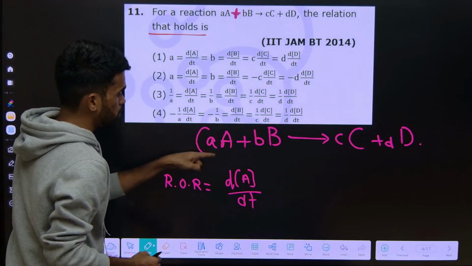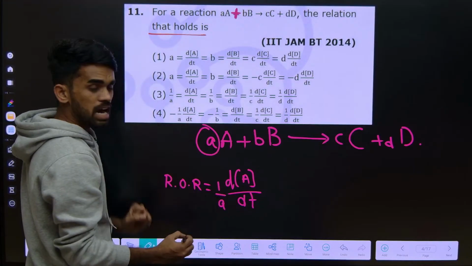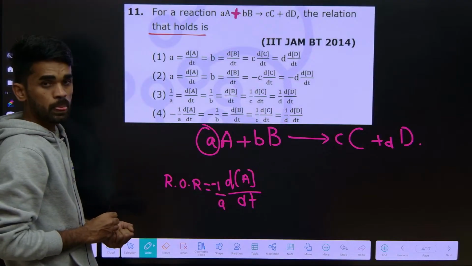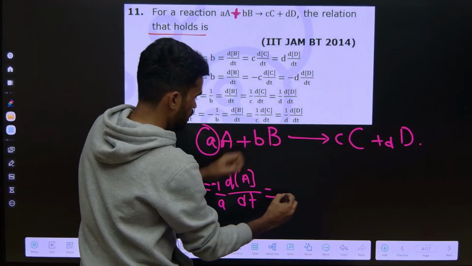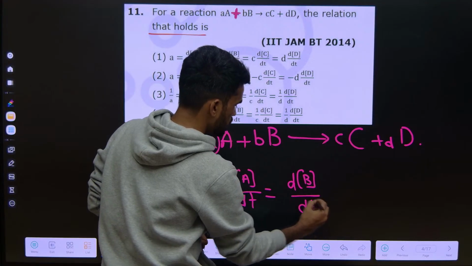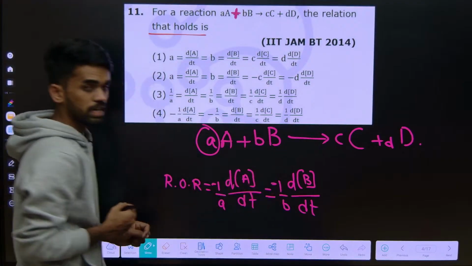What is its stoichiometric coefficient? A is there, that is 1 by a. Since it is a reactant, its concentration decreases, so add a negative symbol here. And on this side B is there, dB by dt, and here you write 1 by b, and this is also a reactant, so put a negative sign here.